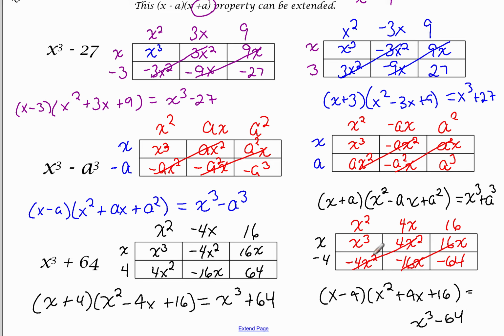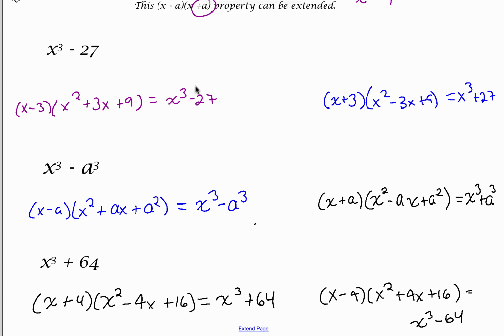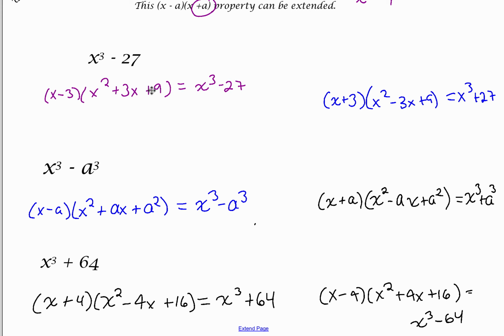Now I know there's a lot of writing on these pages here, but did you see the pattern? Let me clean it up for you a little bit. When we were trying to figure out if x cubed minus 27 factors, it did. But along the way, we also found out that x cubed plus 27 factors.